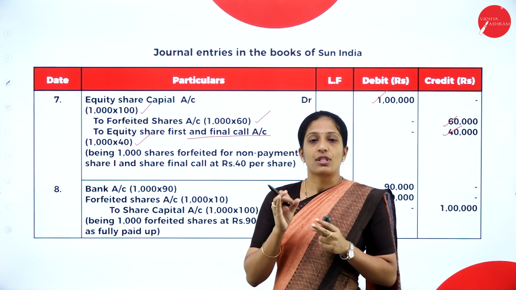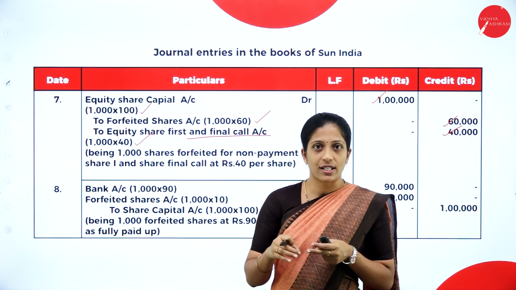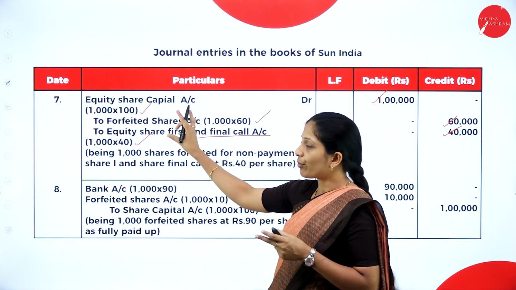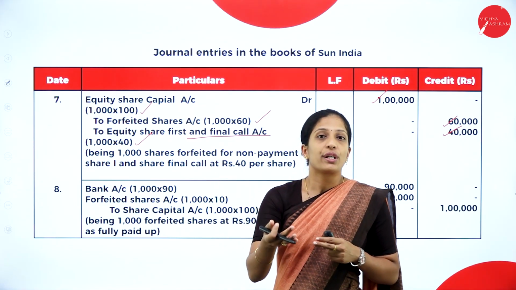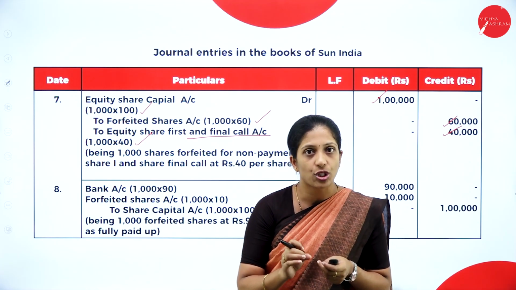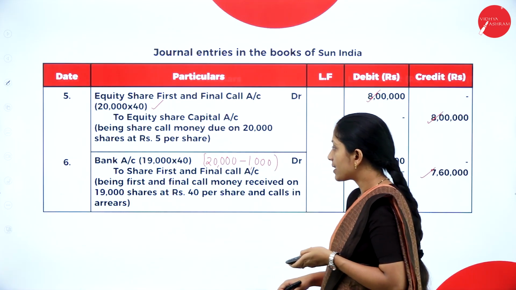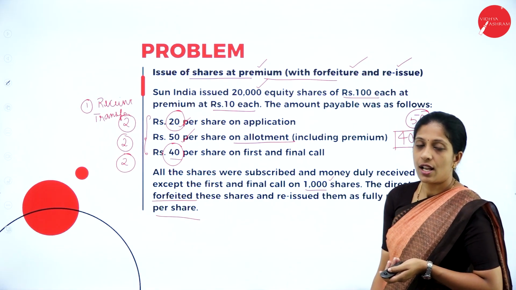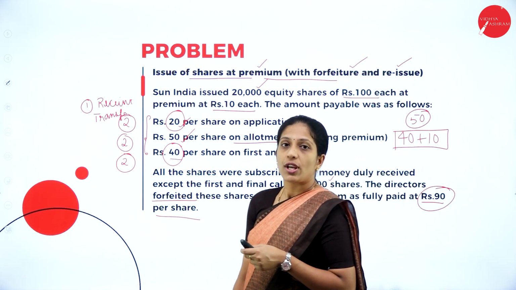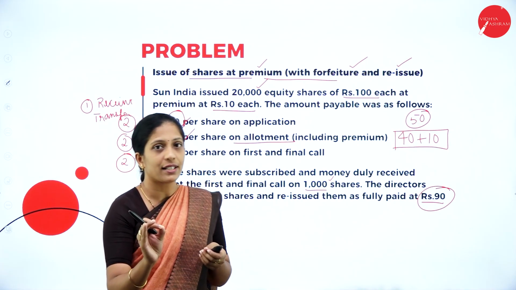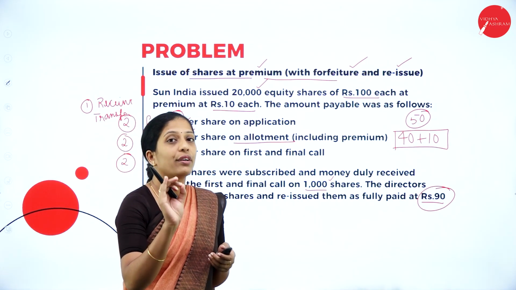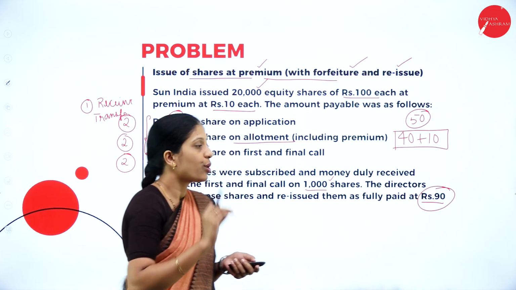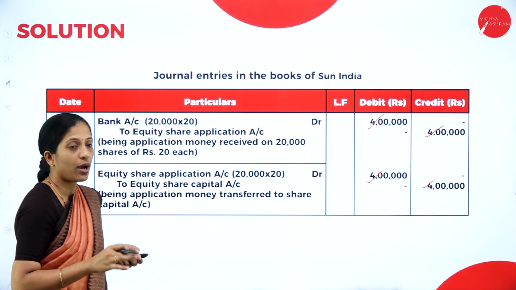Now whatever 1,000 shares from shareholders from whom we have not received, we have cancelled. That is the forfeiture entry. Now again we are going to reissue those 1,000 shares. At what price? Let us see the question. We have reissued at 90 rupees, which means the 100 rupees share we have reissued at 90, so we are reissuing at discount. What is your entry when a reissue happens?